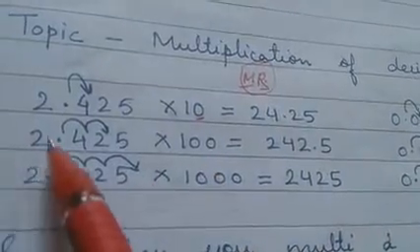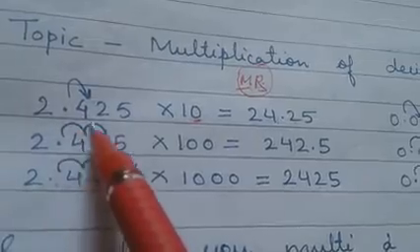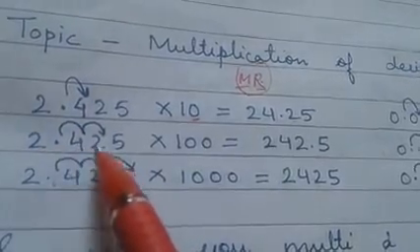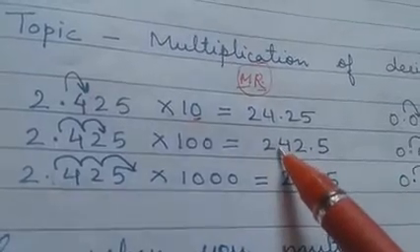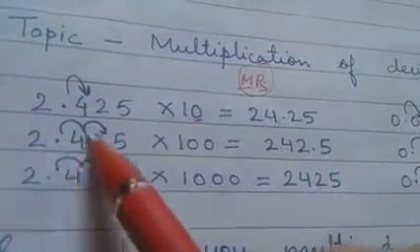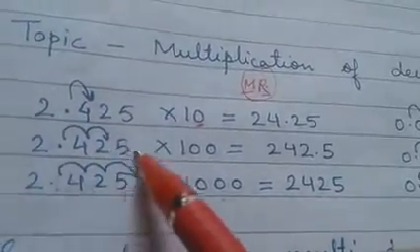Now by 100, there are 2 zeros, so the point shifts to the right side, 1, 2, so 242.5. Here this point will not be there; once it is shifted, it will not be here. Okay, so 242.5 because 2 zeros.